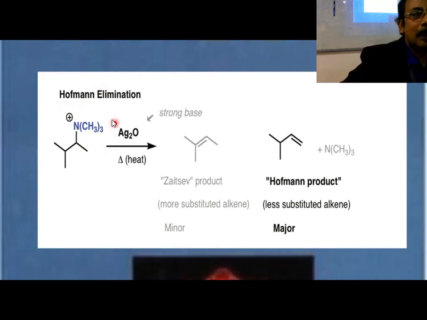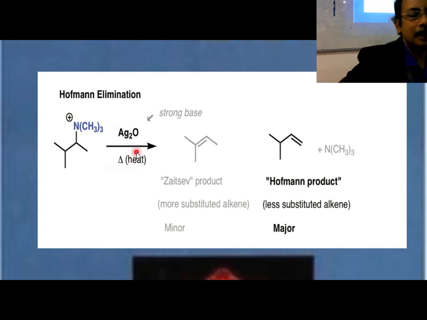So this is called the trimethylammonium cation. This trimethylammonium is attached to the molecule. If it can go out, it will give a stable product, N(CH3)3, trimethylamine. Good stable product.